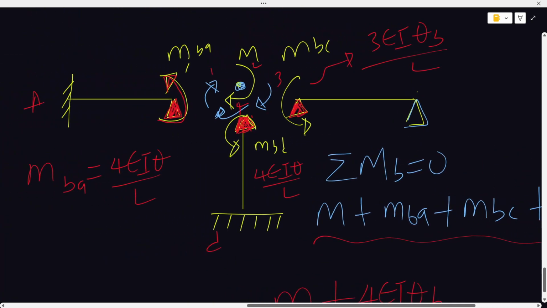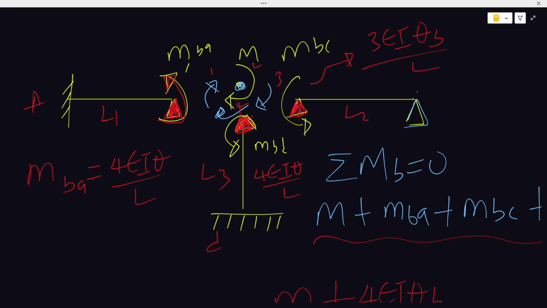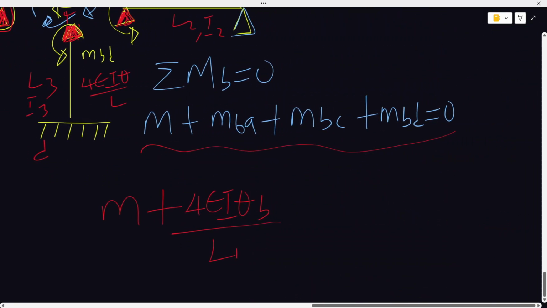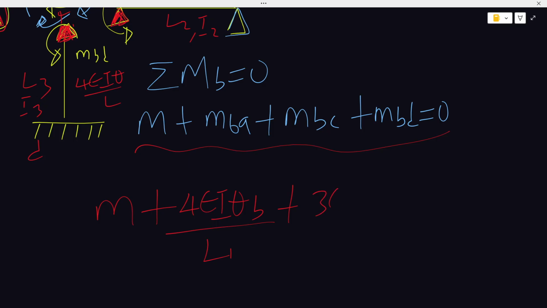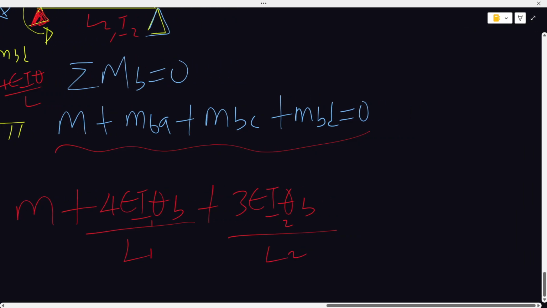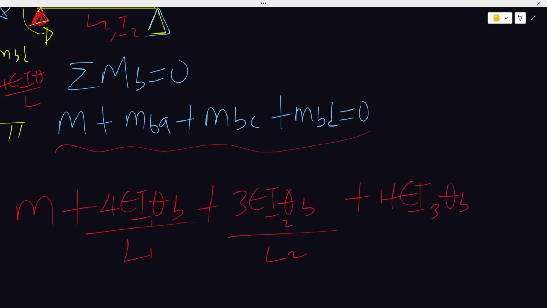Let's say this is L1, this is L2, this is L3, and of course this is I1, the inertia dealing with that portion, I2, and this is I3 also, the portions rather, plus MBC now would be 3EI theta B over L2 plus MBD, 4EI theta B over L3, equals of course 0.